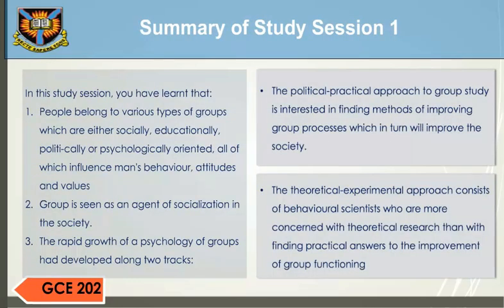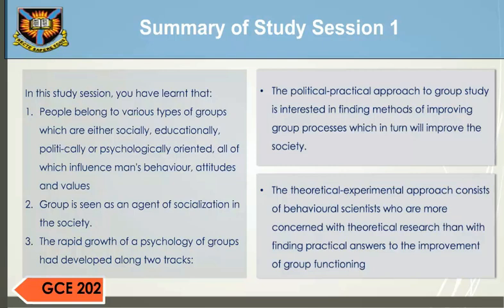Summary of study session. In this study session, you have learned that: 1. People belong to various types of groups which are either socially, educationally, politically, or psychologically oriented, all of which influence man's behavior, attitudes, and values. 2. Group is seen as an agent of socialization in the society. 3.